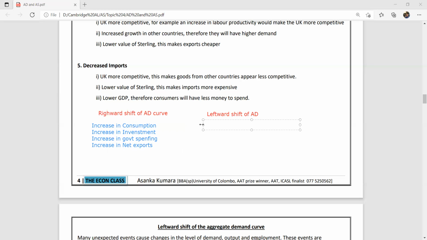Leftward shift is completely opposite: decrease in consumption, as well as decrease in investment, decrease in government spending, as well as decrease in net exports.